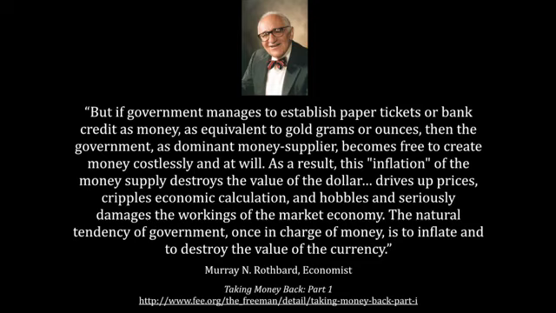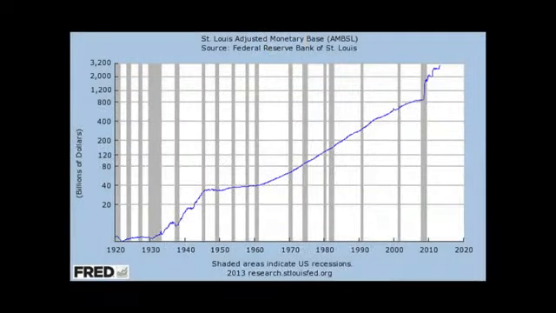As a result, this inflation of the money supply destroys the value of the dollar, drives up prices, cripples economic calculation, and hobbles and seriously damages the workings of the market economy. The natural tendency of government, once in charge of money, is to inflate and to destroy the value of the currency." Let's consider these two graphs.